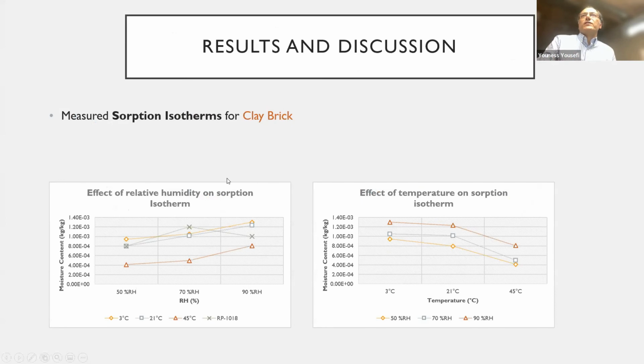And for the absorption isotherm, that's the rule of thumb that the absorption goes high with the relative humidity, but it decreases when the temperature increases, as the molecules can't attach easily to the material pores, and also at lower temperature they start condensation, so they get more moisture content.